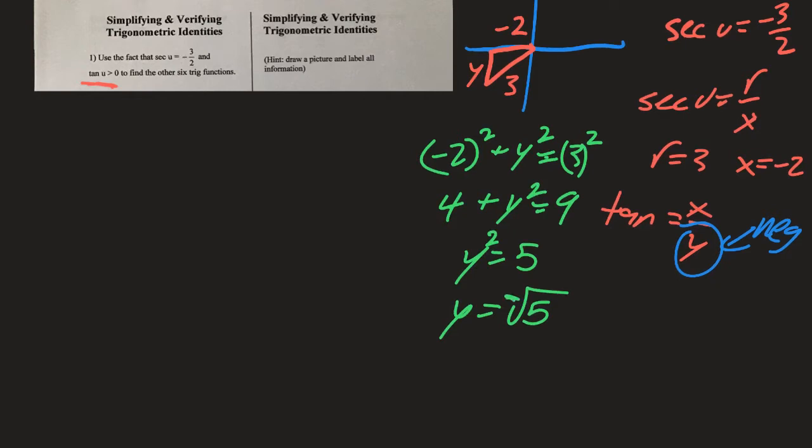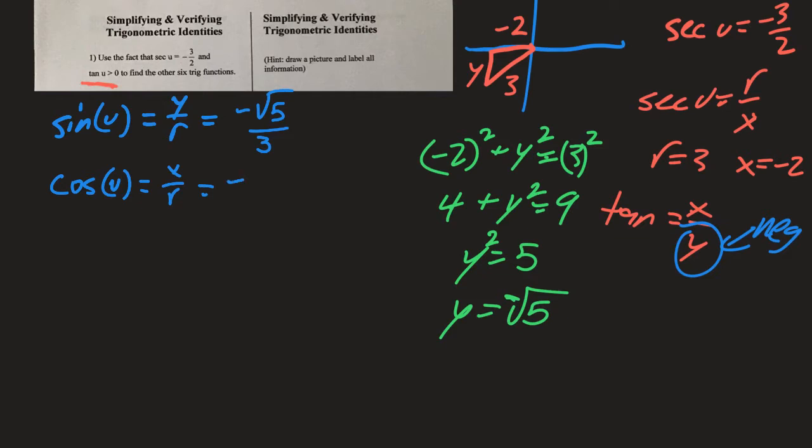Once I've gotten all of these, I can use those to come up with the other trig ratios that we don't know. Starting off with maybe sine of u. Well, sine is y over r, and my y value is -√5 and my r value was 3, so we can plug those numbers in. Cosine of u is going to be x over r, and we get -2 over 3.